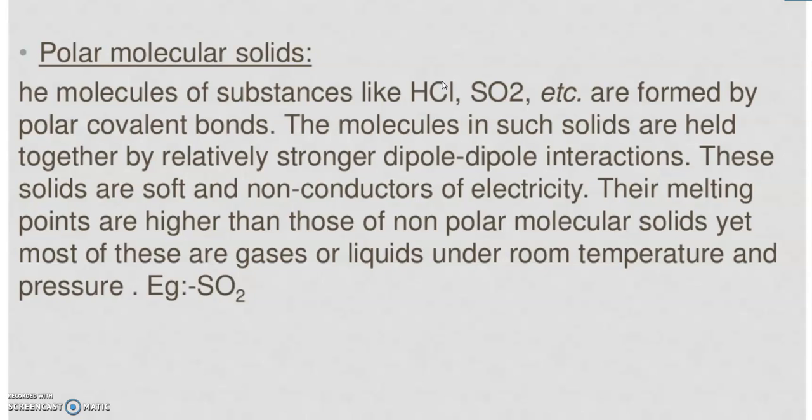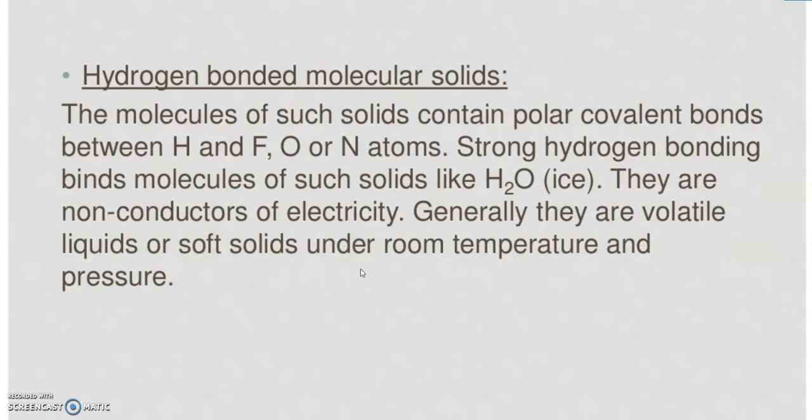Even though these solids are soft and non-conductors of electricity, the melting points are higher than those of non-polar molecular solids. These are gases or liquids under room temperature and pressure. Example, sulfur dioxide. So molecular solids are classified into polar and non-polar molecular solids.